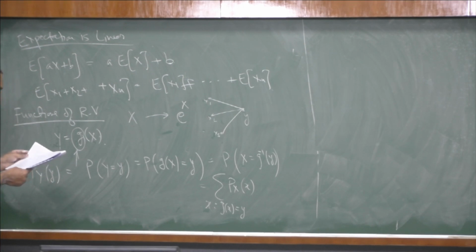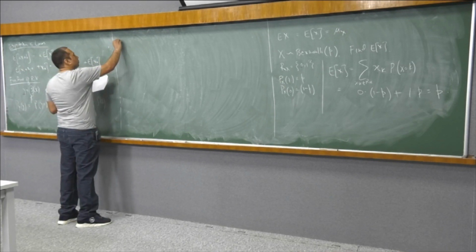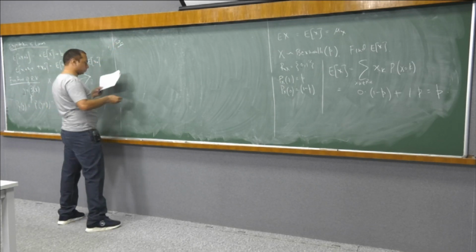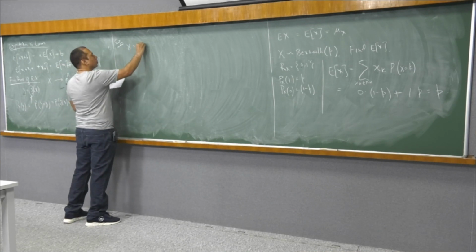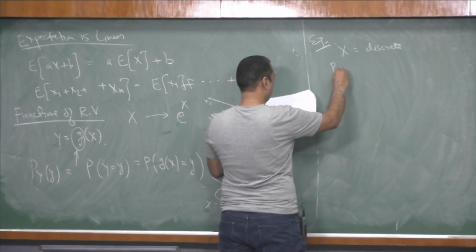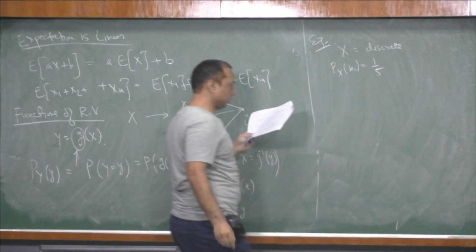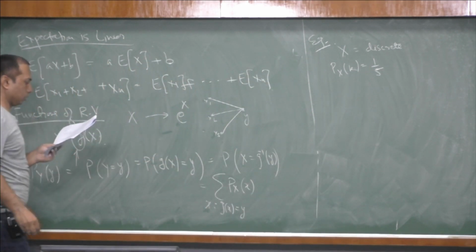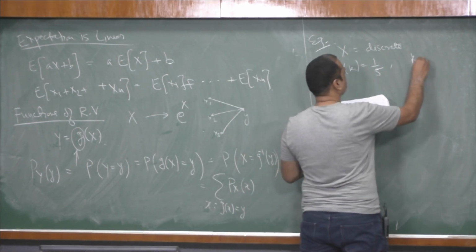I mean just for a quick example on this, just one example, so that's how we save time. So X is a discrete random variable, and the PMF is given to us. Sometimes it is given even without some experiment.